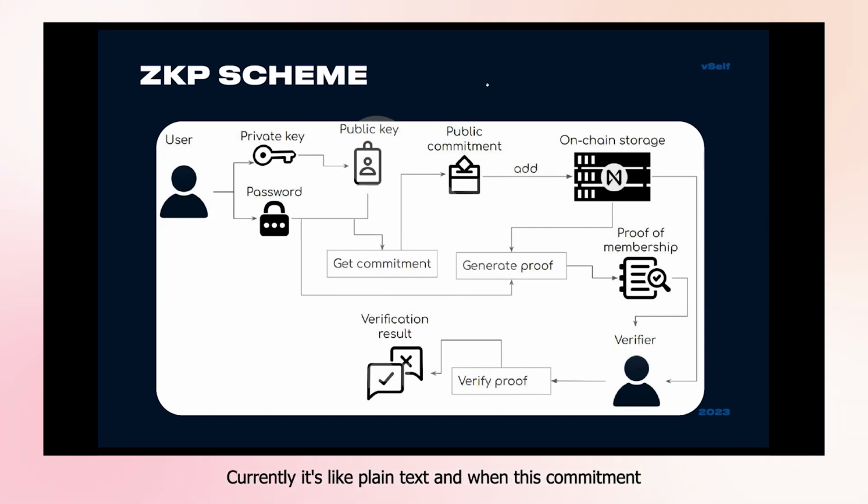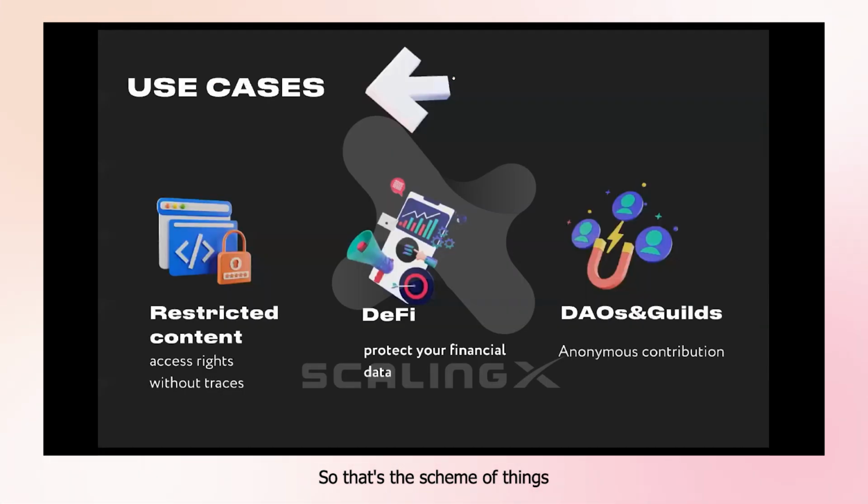Currently it's plain text. When this commitment is added to the community accumulator, then a user can automatically produce a zero knowledge proof, which then can be verified by a third party, and the verification will yield the result if the user is indeed a part of a specific community. So that's the scheme of things.